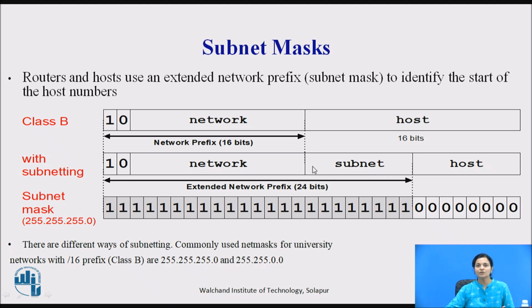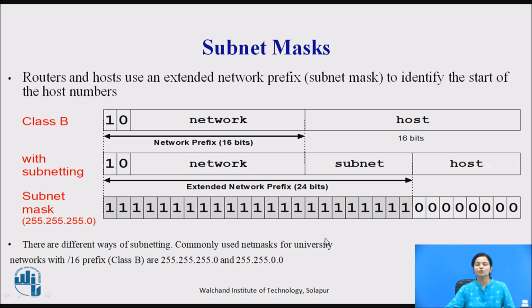If we have only 5 networks, then the first 3 bits are sufficient for the subnetting part. Here, up to this is the network, and of the remaining host address, some part is borrowed for the subnet part.